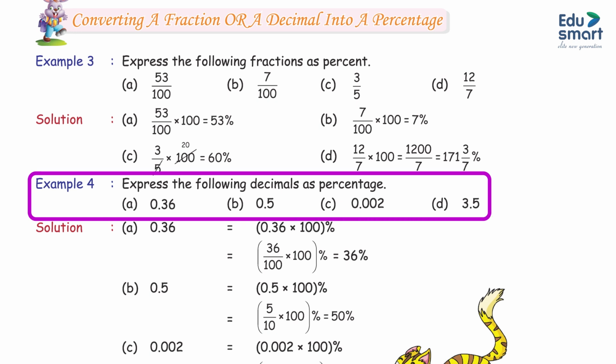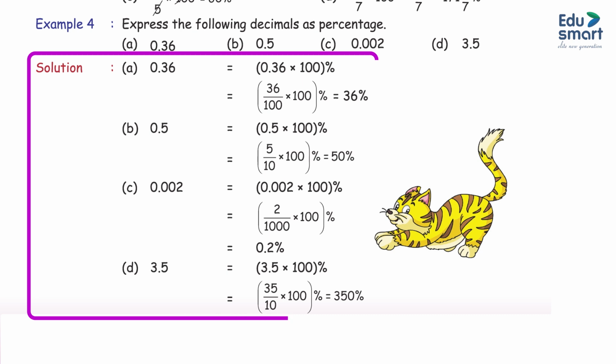Example 4. Express the following decimals as percentage: A 0.36, B 0.5, C 0.002, D 3.5. Solution: A 0.36 is equal to 0.36 into 100%. 36 upon 100 into 100% is equal to 36%.